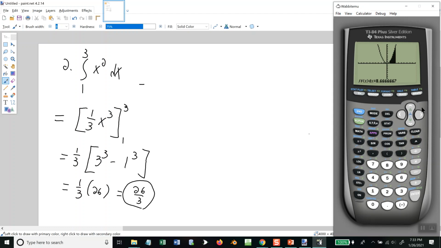I think you cover that in Calc 1. I don't remember. But there's a numerical method for doing it, and there's also using a calculator like this. Desmos doesn't do this, though. There is a way to change this to 26 thirds. I discovered it one time, but I don't remember now. It's been too long. I think it's under bars somewhere.